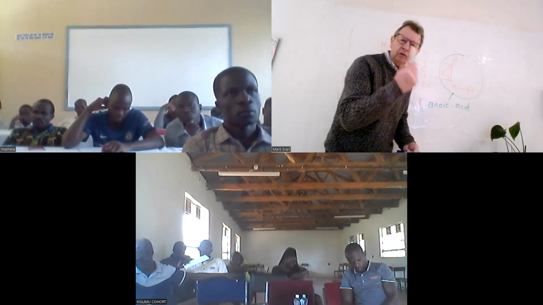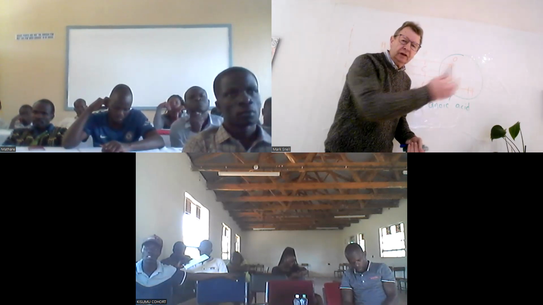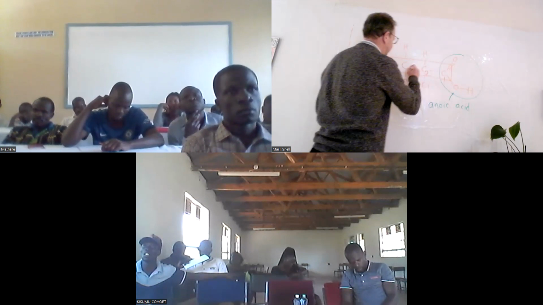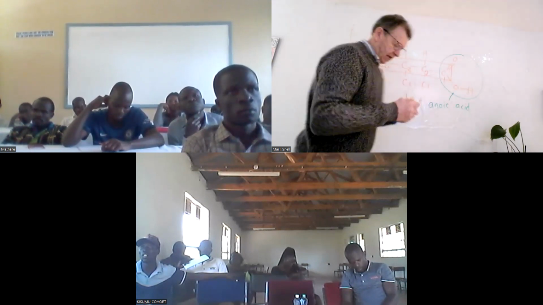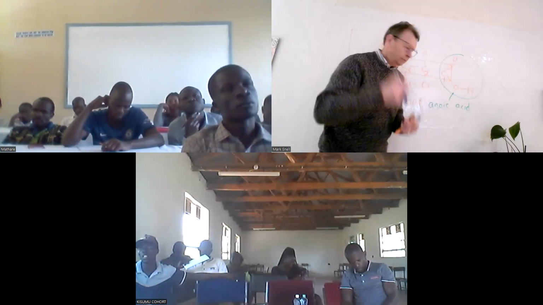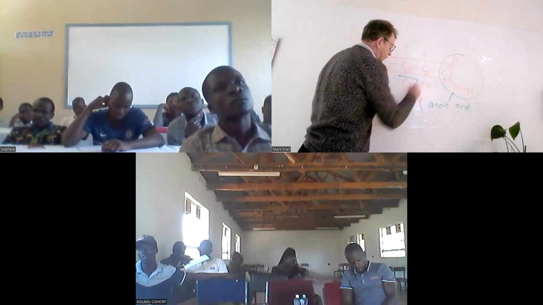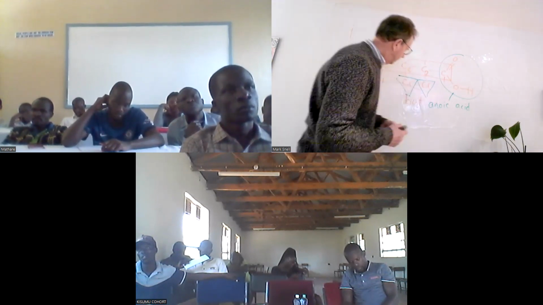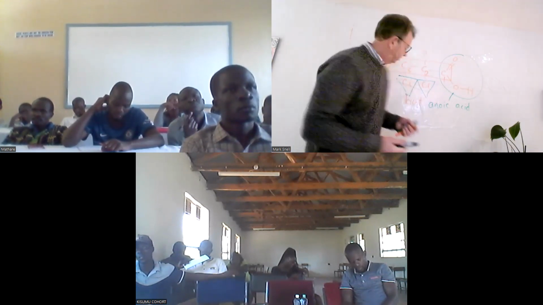At this point, I also number the chain starting at the functional group. 1, 2, 3, 4. And then I use a triangle around any substituents. So I've got 2 substituents here.